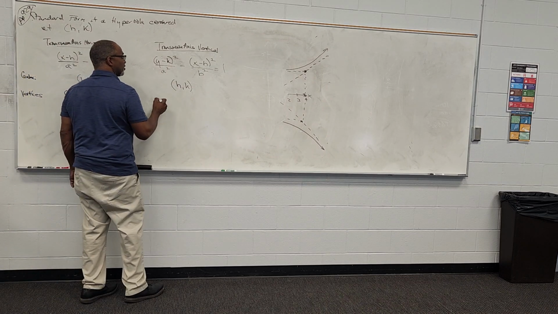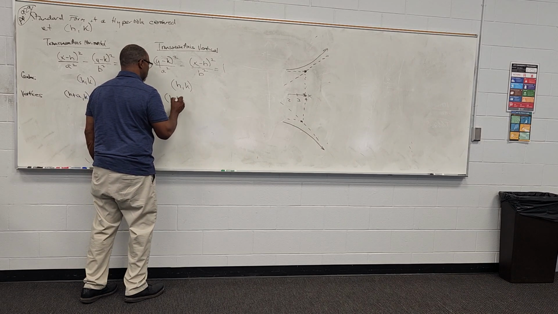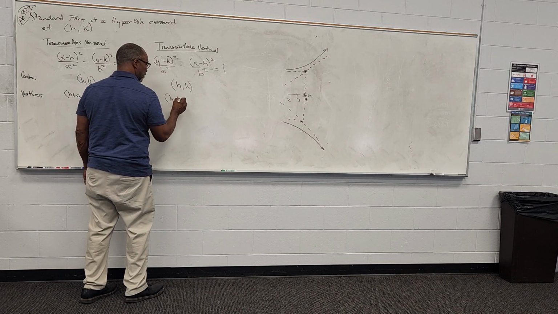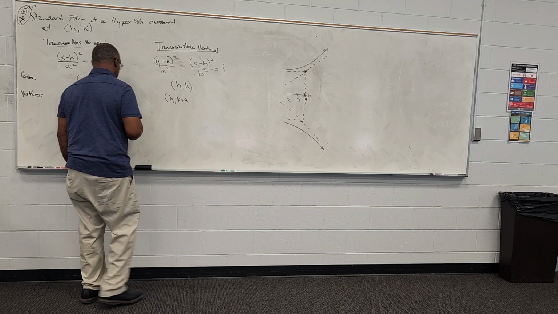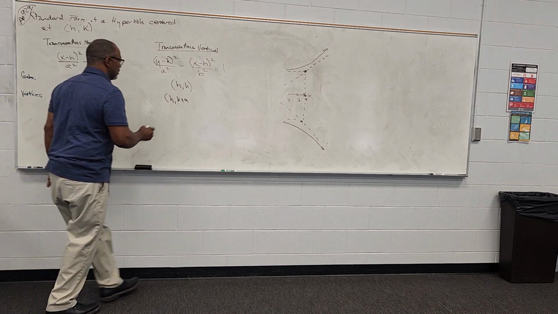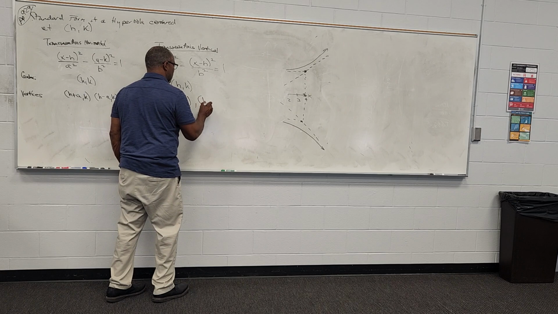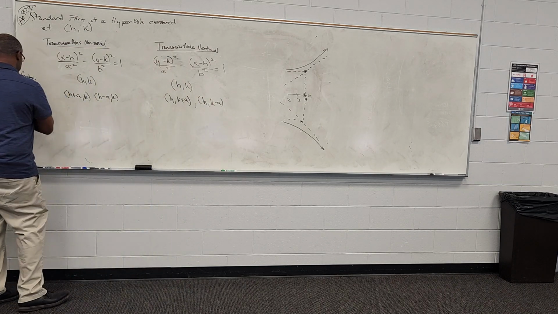If the transverse axis is vertical, the vertices would be at h, k plus a, right? Yes. And h, k minus a.